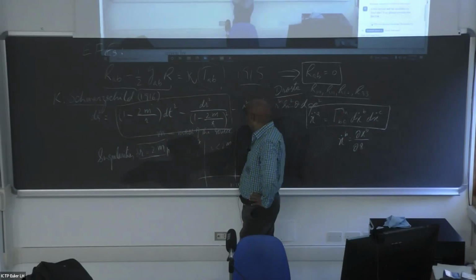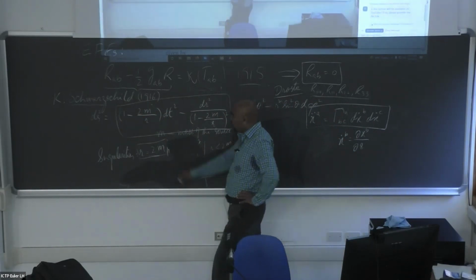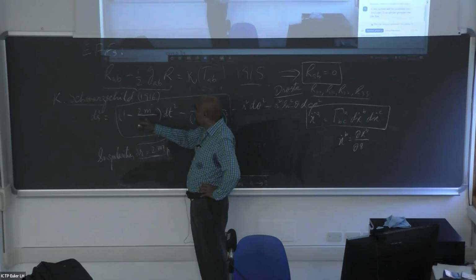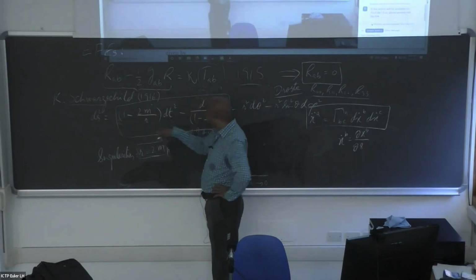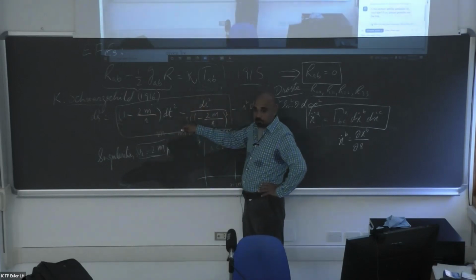So something very peculiar happens. When R is greater than 2m, this will remain the same, no change. But when R is less than 2m, you see the sign will change. The first term which was positive will become negative, and this which is negative will become positive.